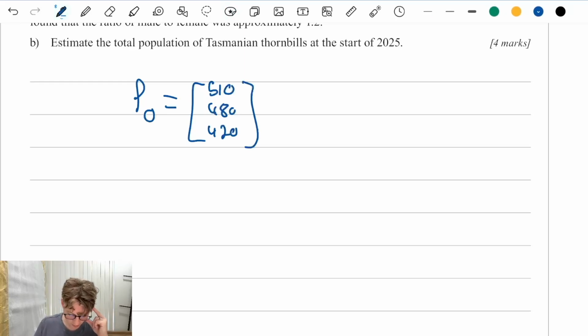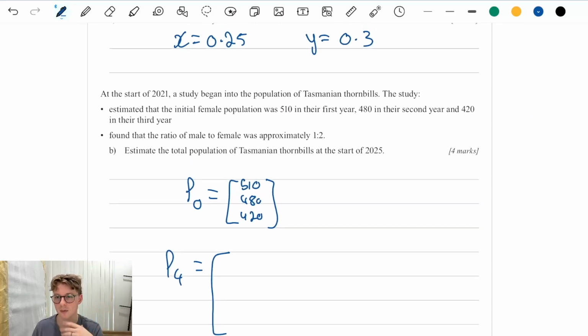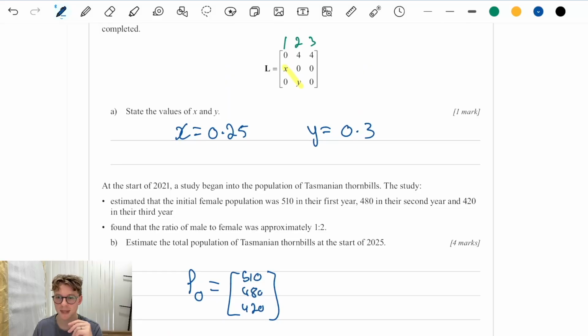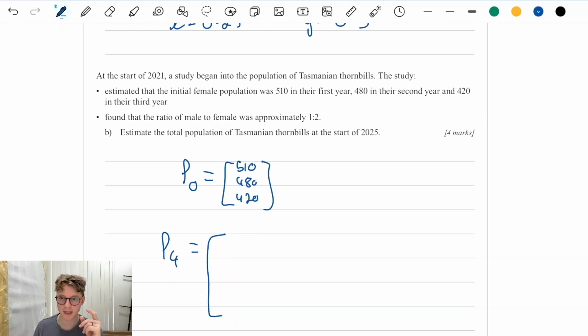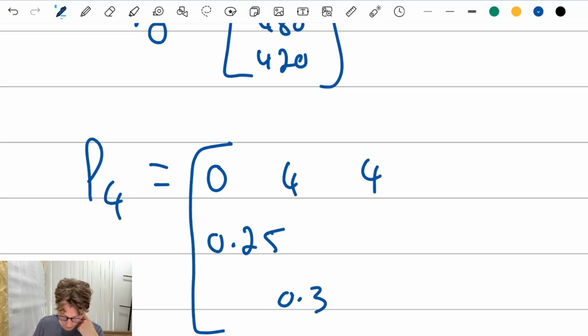So I've got my population at the end of the 4th year is equal to my Leslie matrix. I'll just write the whole thing out to remember what our numbers are. I could call it L, because it's called L up here. The way I do it in the calculator would be storing it as a variable, but we can talk about that a little bit after. It is going to be 0.44, 0.25, 0.3, and 0 everywhere else.